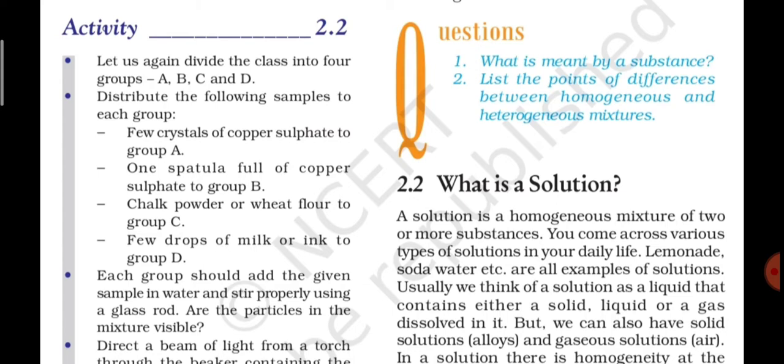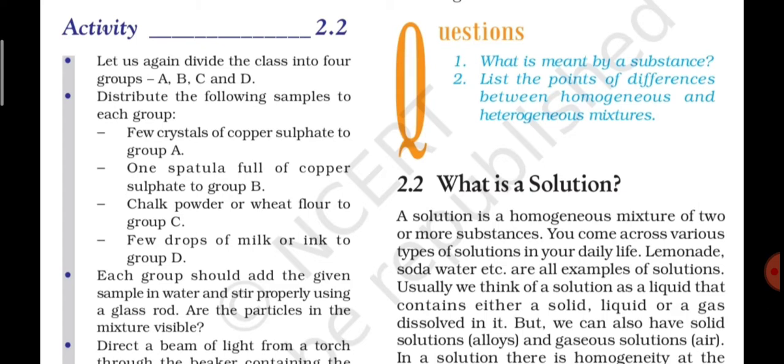For example, if we have a mixture of sand and iron metal filings, we can easily differentiate between the sand particles and the iron metal filings. In the same way, if we have a mixture of salt, the salt we use at home, and sand, we can easily physically distinguish the salt particles from the sand particles.